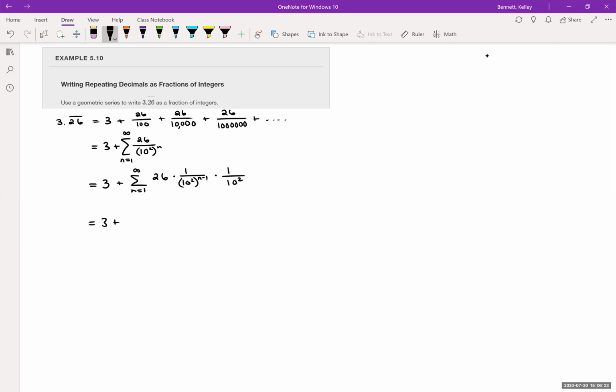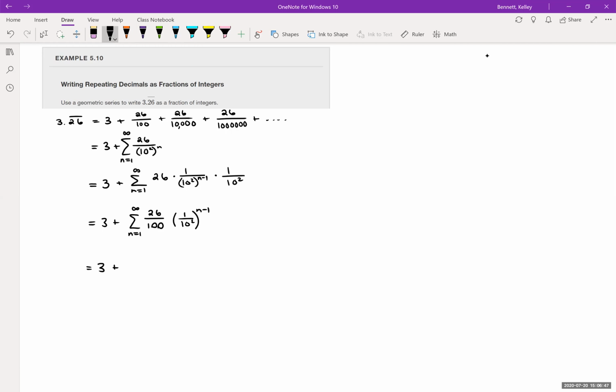Okay, quick reorganization. So this 26 and this tail end 1 over 10 squared is 26 over 100. Then I have 1 over 10 squared to the n minus 1, and I'm going from 1 to infinity. So now I'm in the perfect form to use my geometric series.